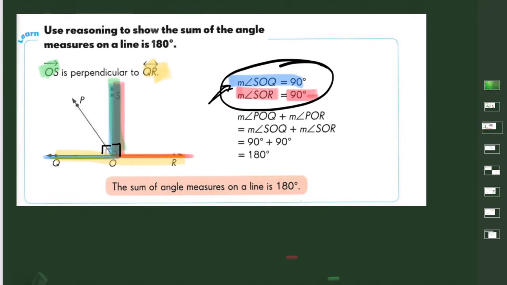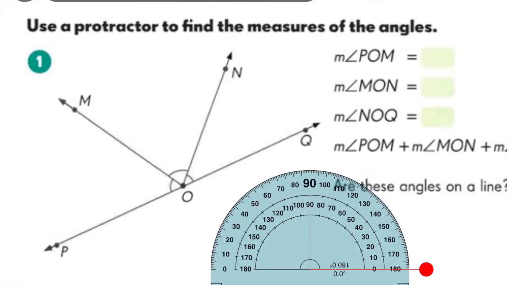So we can reason then that those two angles, when their measures are added together, would have a total measure of 180 degrees.